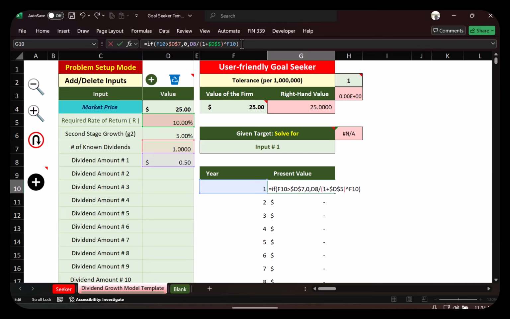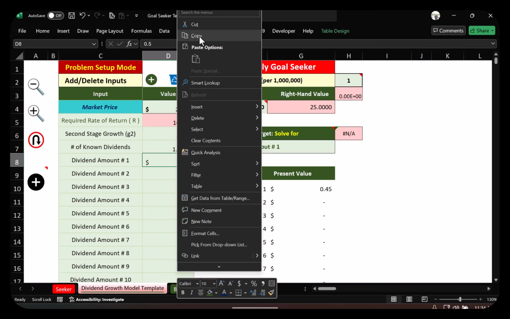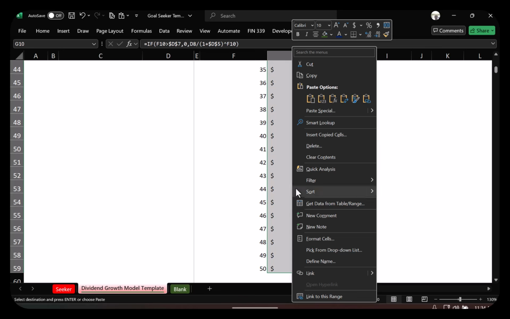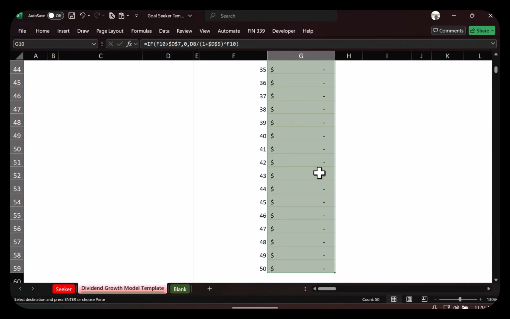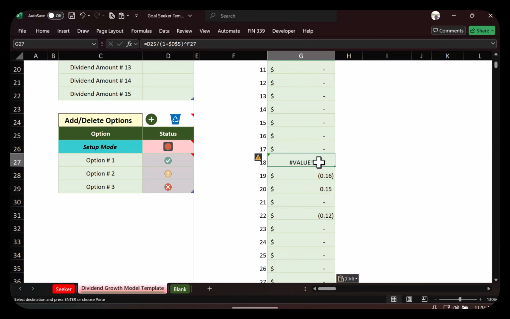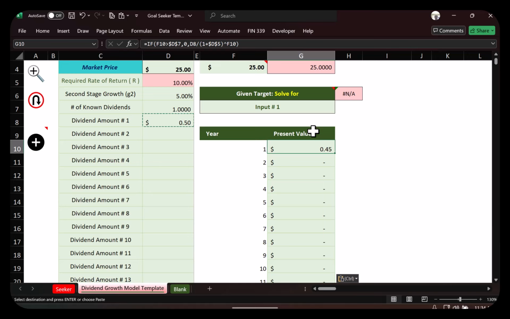Okay. And let me also change the format of all of these to that. That means I made a mistake somewhere. Oh, okay. Because I had not corrected it.